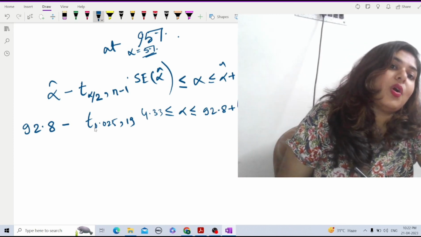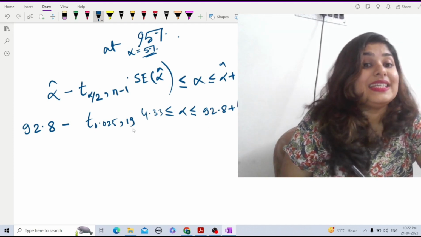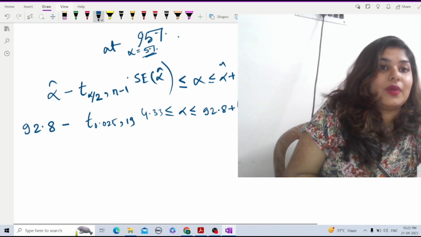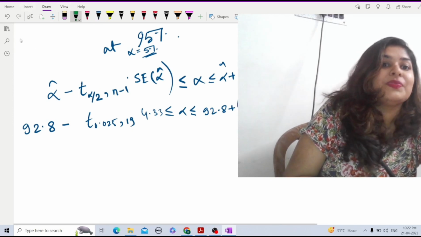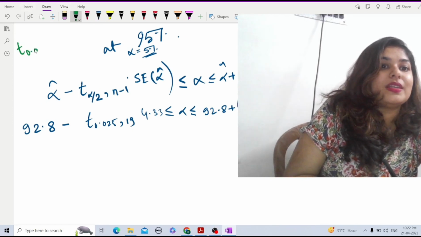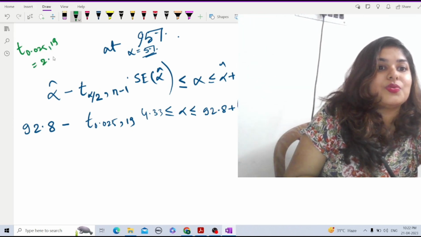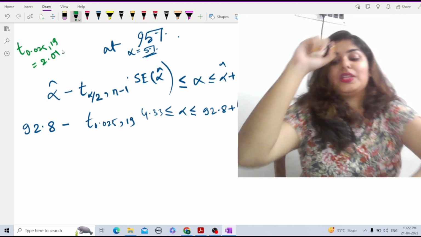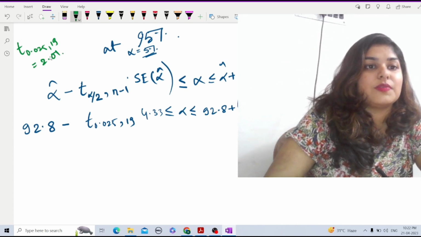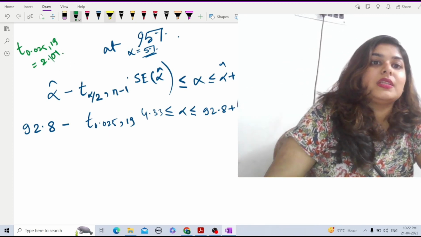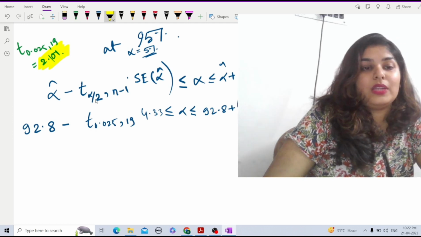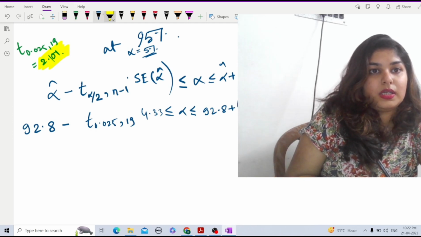Now what is the value of t 0.025 at 19 degree of freedom? So let us just write it down. I will use a different color. So that is t 0.025 at 19 degree of freedom is equal to 2.101, right? So I'm going to use this value and put it here.